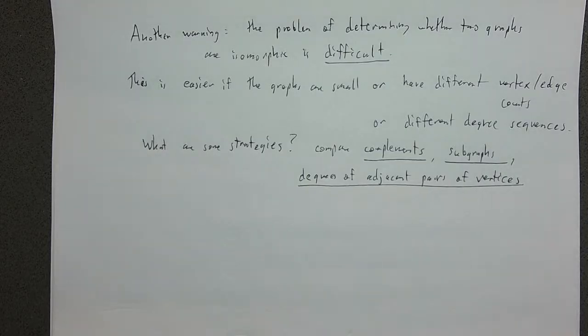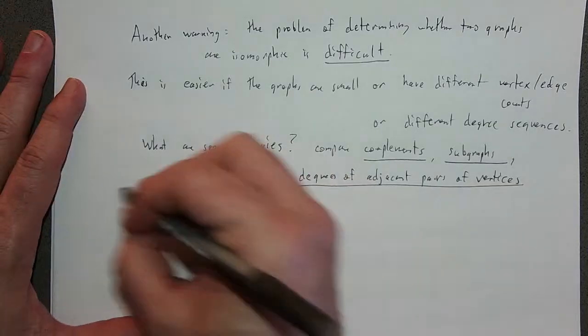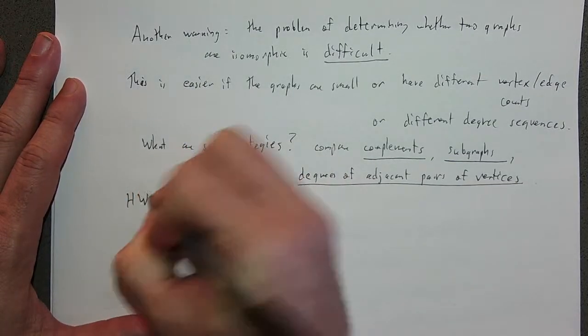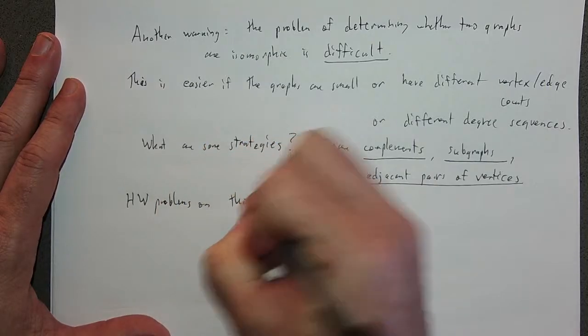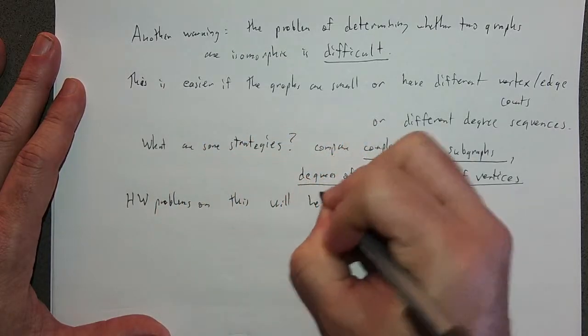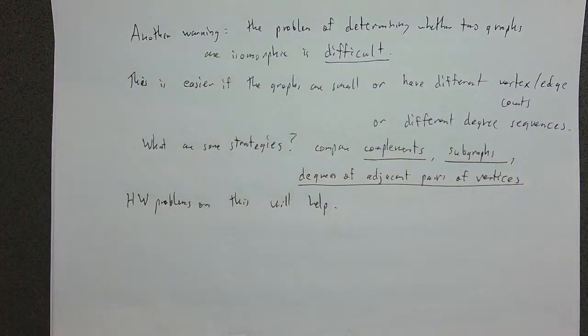You're going to have to do this in your upcoming homework. So look forward to the homework. Homework problems on this will help give you an idea of how this works. Okay, so that is that for now about isomorphic graphs.